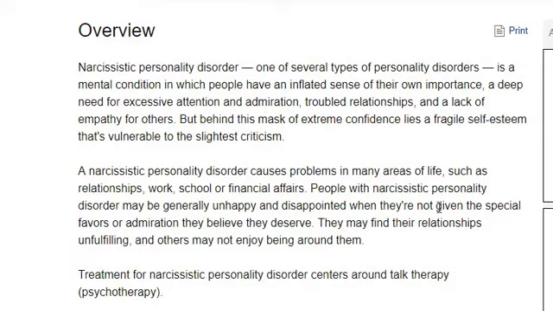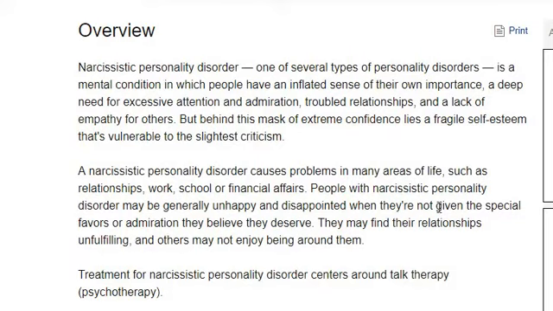The way that they behave is a way that they teach their children how to behave. Their children may not necessarily be narcissistic, but they lack a good role model when they have a narcissistic parent.